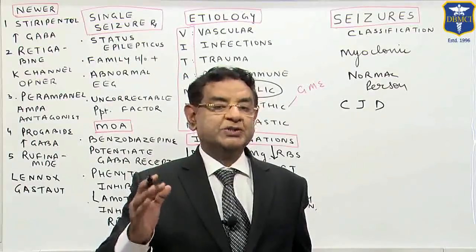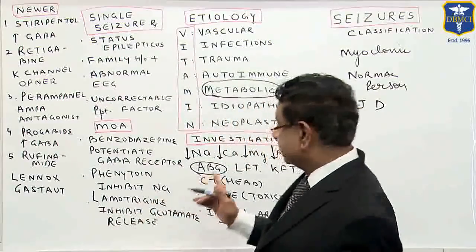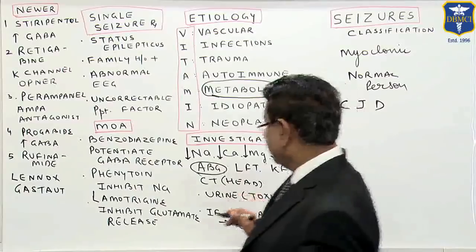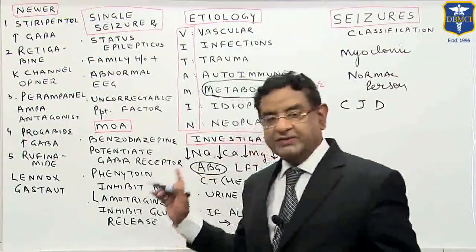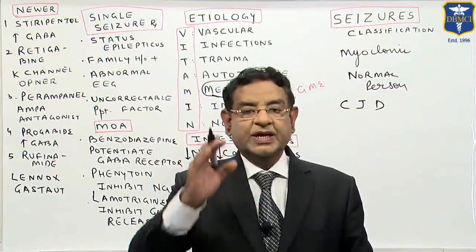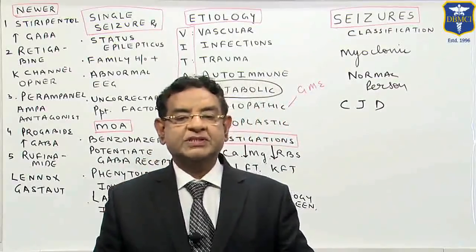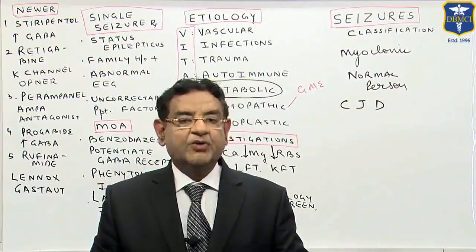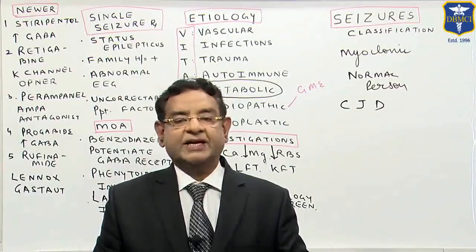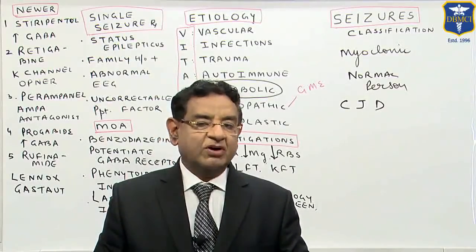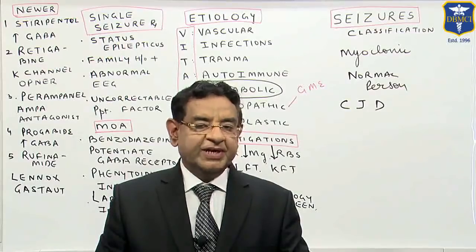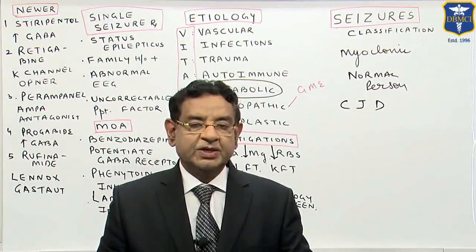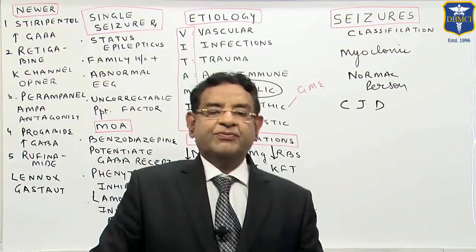Now, why it is so important to discuss this now? And of course, I have written also investigation. Now, a patient comes to us with seizure for the first time, and till now we have discussed very clearly that it is a disturbance of electrical activity of the brain. Should we do EEG first?